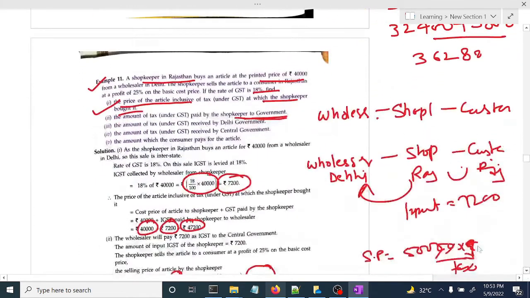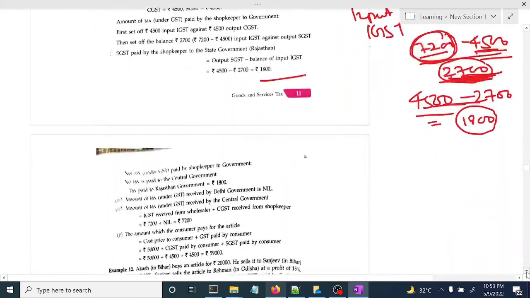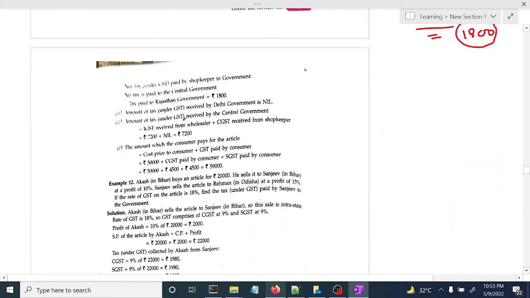Third point is the amount received by the Delhi government. So here, how much will the Delhi government receive? If you see, the Delhi government received in the last leg. The amount received by the Delhi government is null. Why?